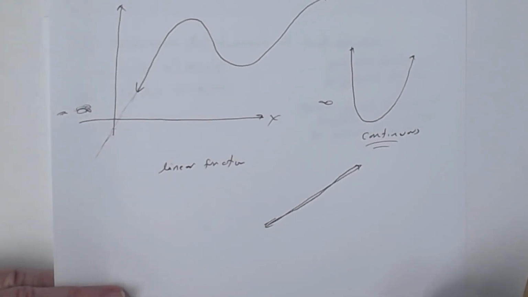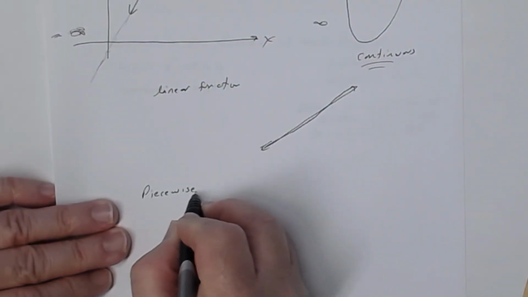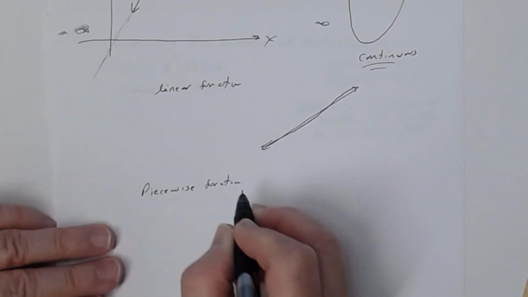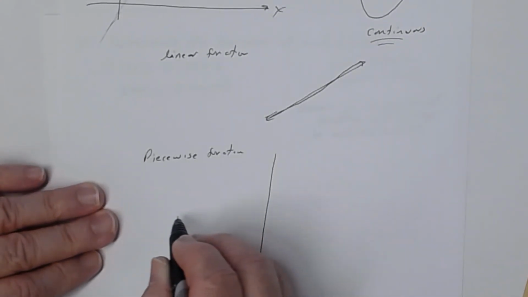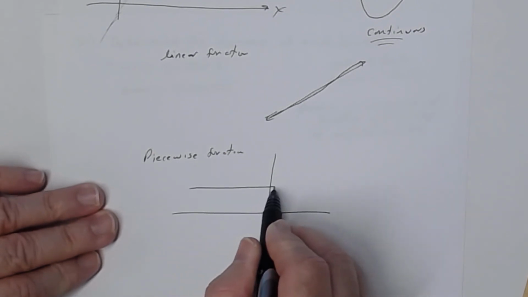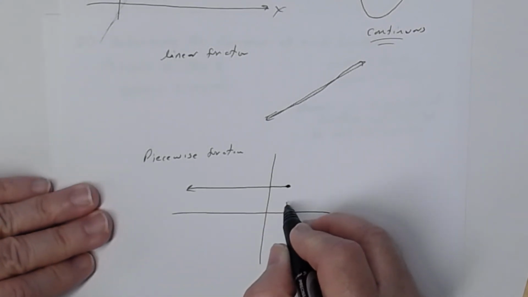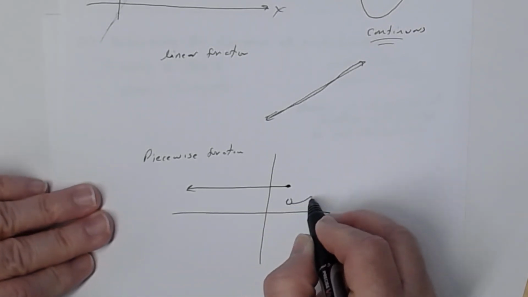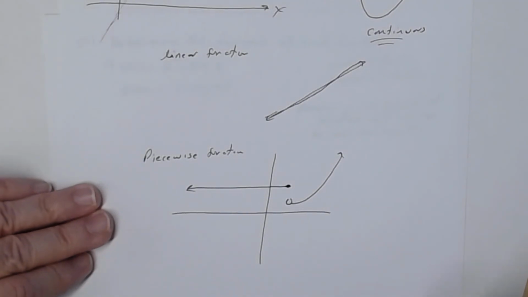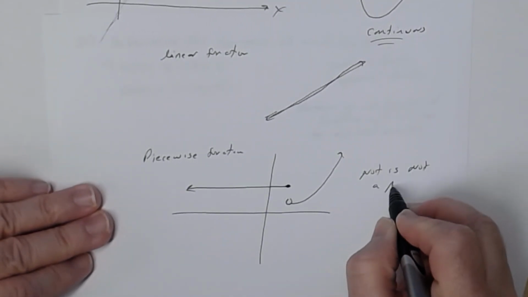So remember when we talked about piecewise functions? We looked at a graph, let's say that looked like this. Let me just kind of draw it like this. We saw this, and then there was another piece to it that did something like this. That would not be a polynomial function.